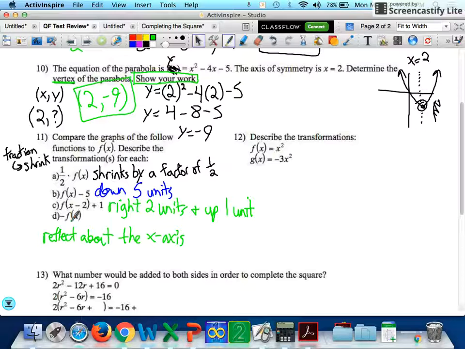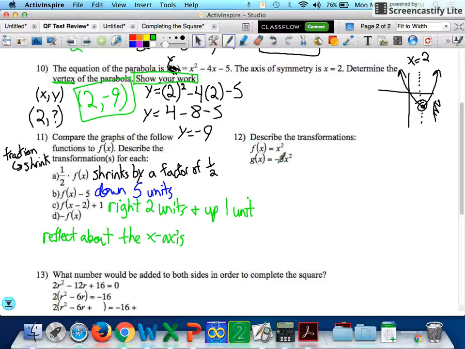Number 12 is a challenging problem, or about as challenging as we can really make these. This starts out as just f of x equals x squared. And then it's -3x squared. So two little things got a little bit confusing there.